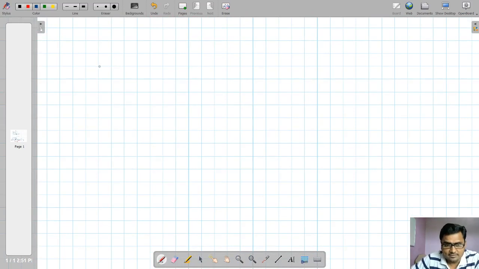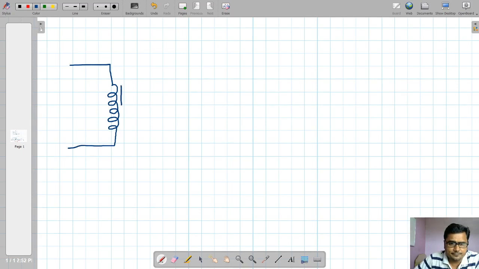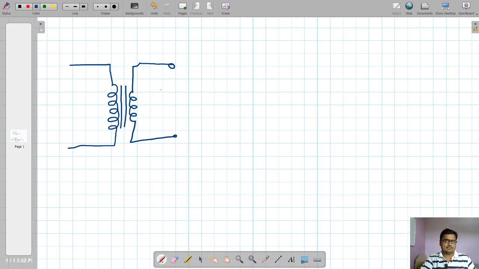So let me draw a transformer. Look at this, this is a transformer. Intentionally I am drawing a step down transformer because henceforth everywhere we will use a step down transformer. I'll tell you what is the step down transformer and what is the step up transformer.